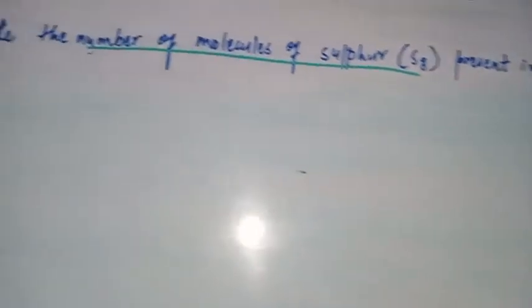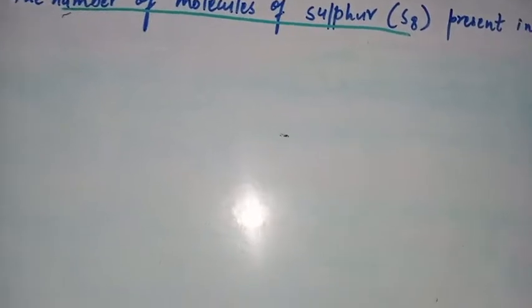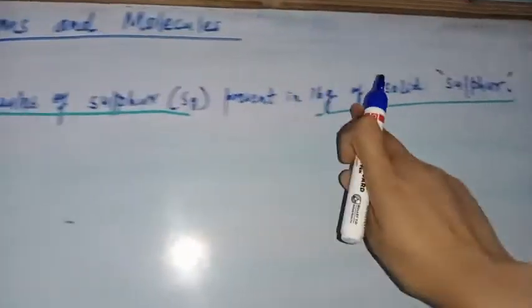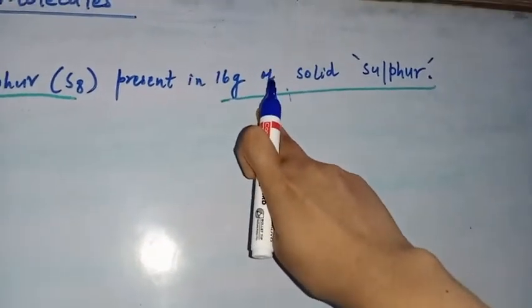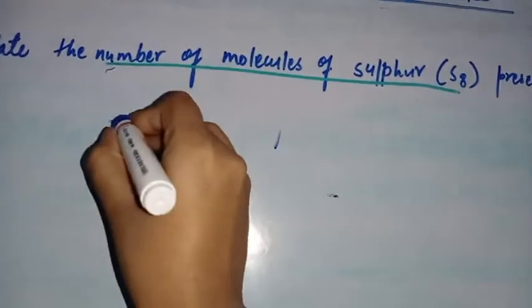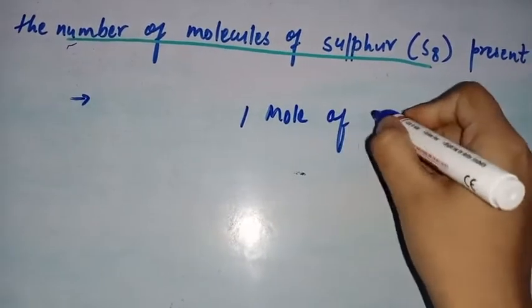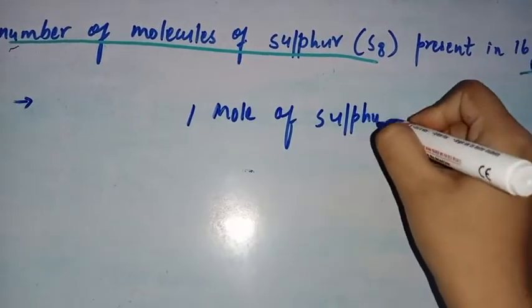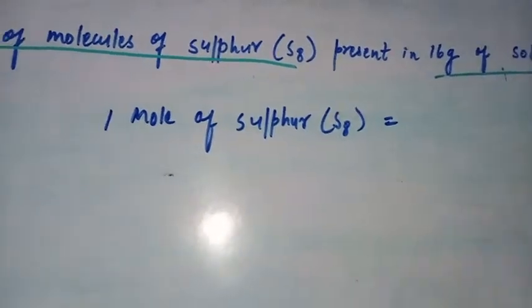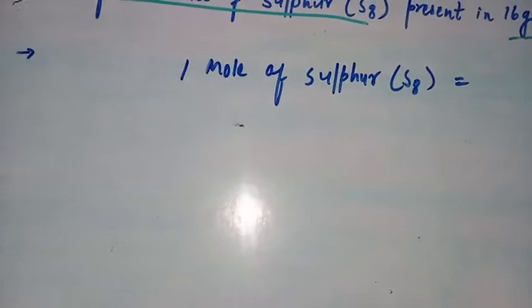Okay, so things related to it we will first write what is there in our mind. Things related to molecules of sulfur and things related to mass of the sulfur. So you know that 1 mole of sulfur is equal to how many grams? 1 mole of sulfur means molar mass of sulfur.